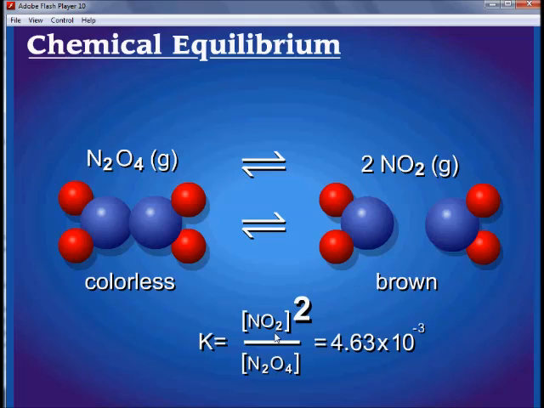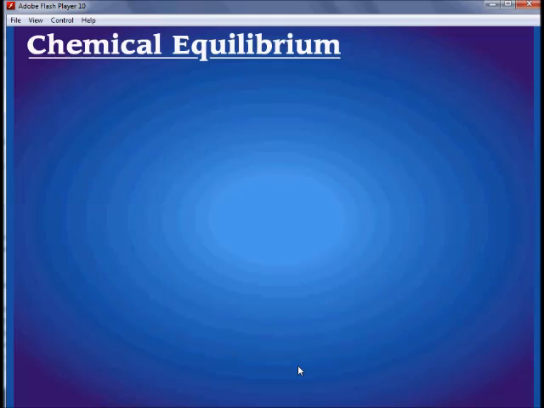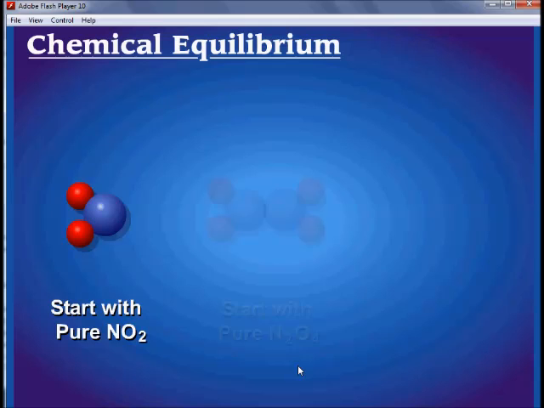And that's where we get that. Whatever coefficient you have out in front, that's what your superscript is. So our N2O4 had nothing, so there's just a 1 there. So for this particular reaction, we have an equilibrium of about 4.63 times 10 to the negative third. That is the ratio when that thing is at equilibrium.